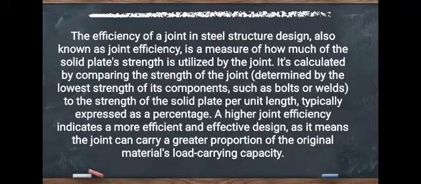It is calculated by comparing the strength of the joint, determined by the lowest strength of its components such as bolts or welds, to the strength of the solid plate per unit length, typically expressed as a percentage. A higher joint efficiency indicates a more efficient and effective design, as it means the joints can carry a greater proportion of the original material's load carrying capacity.